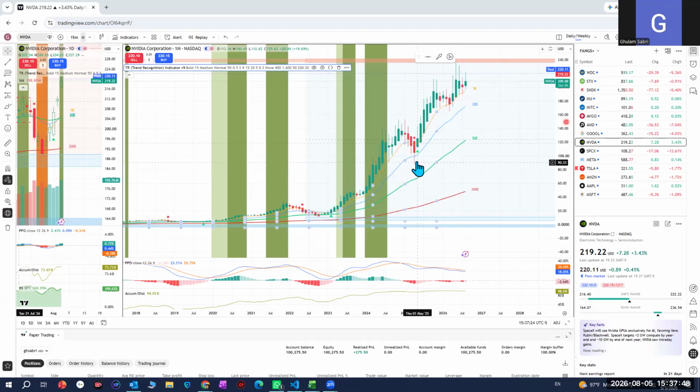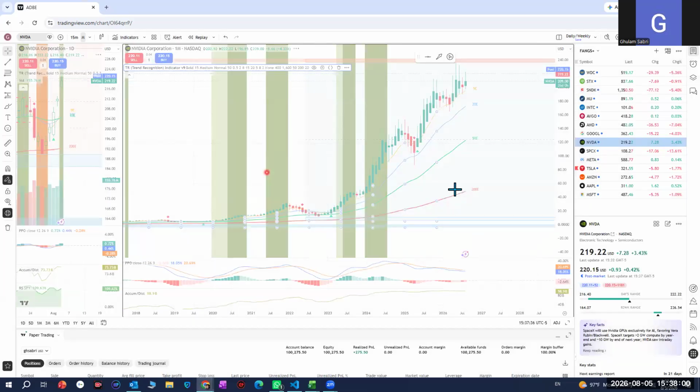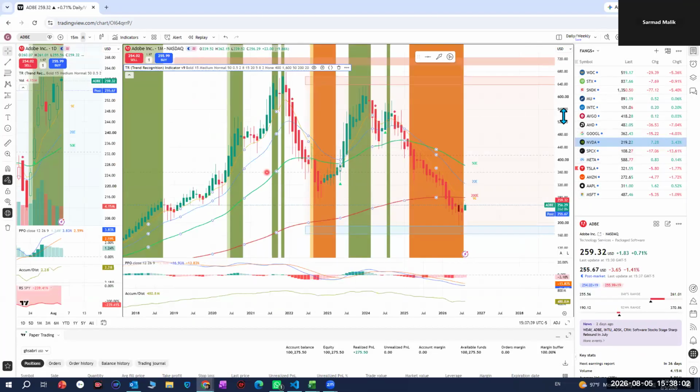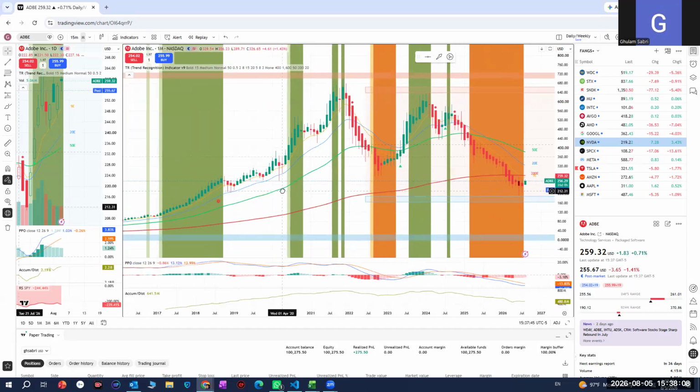valuation becomes cheaper. Now compare this with a weak stock. Somehow, whenever I think of a weak stock, Adobe comes to my mind, which some people don't like because they work for Adobe. Same chart, monthly. What do you see? How many reds? How many times has it come down to this green line?